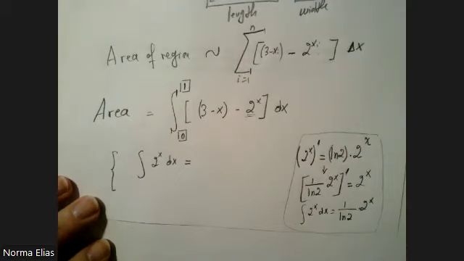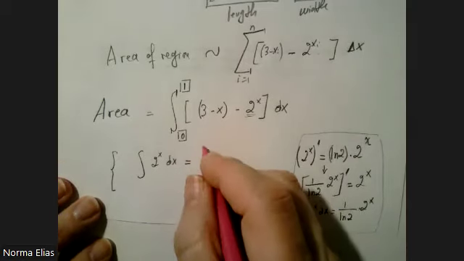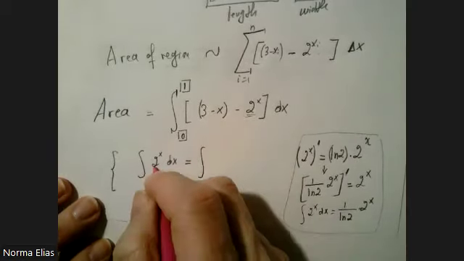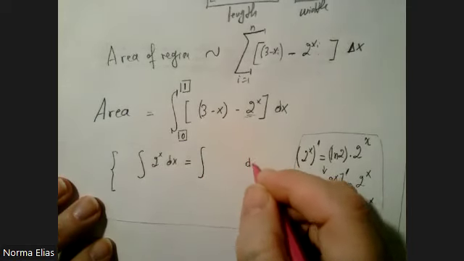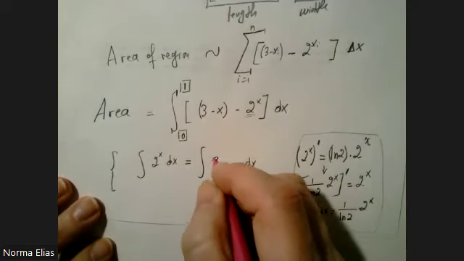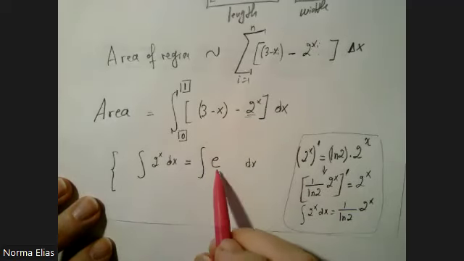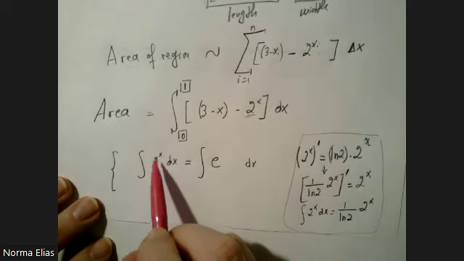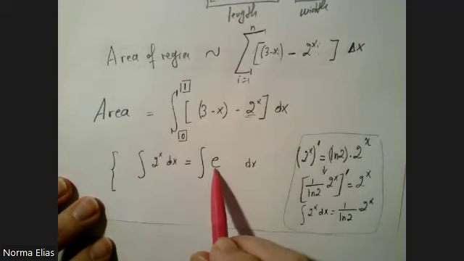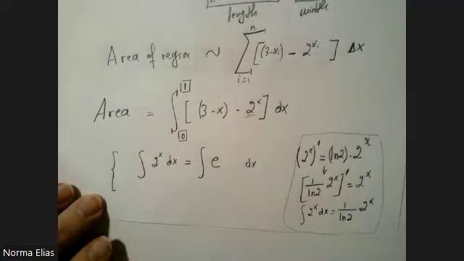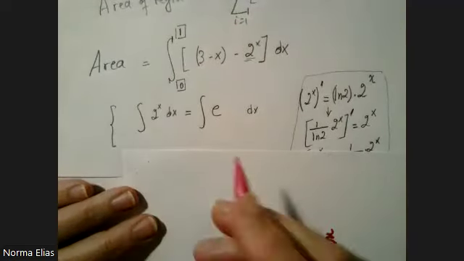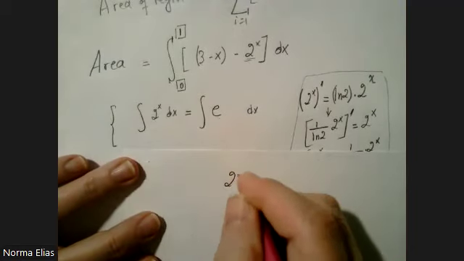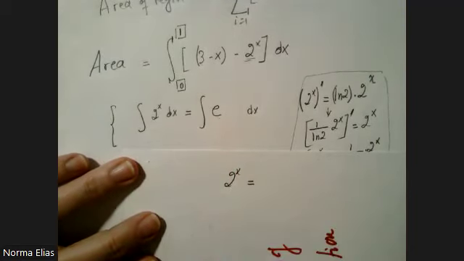Another way to do it is the following. 2 to the x is problematic. I'm going to take 2 to the x and rewrite it using e. So the question is, because I know how to work with e, how can I rewrite 2 to the x using e? Okay, let me remind you of that. We did that in calculus 1, but let us repeat. 2 to the x, I can write as follows.